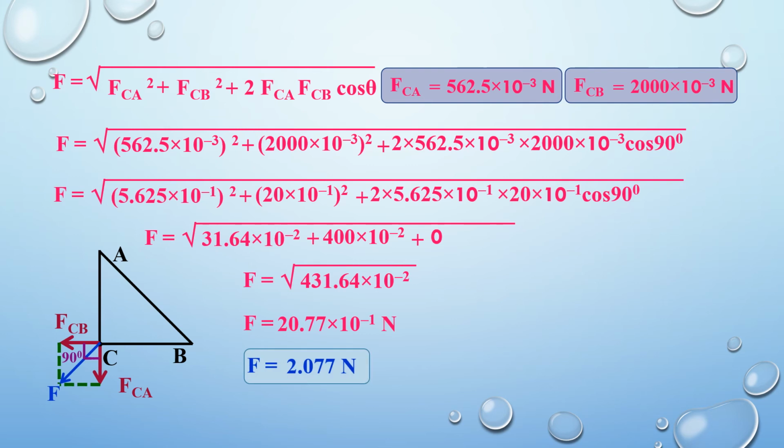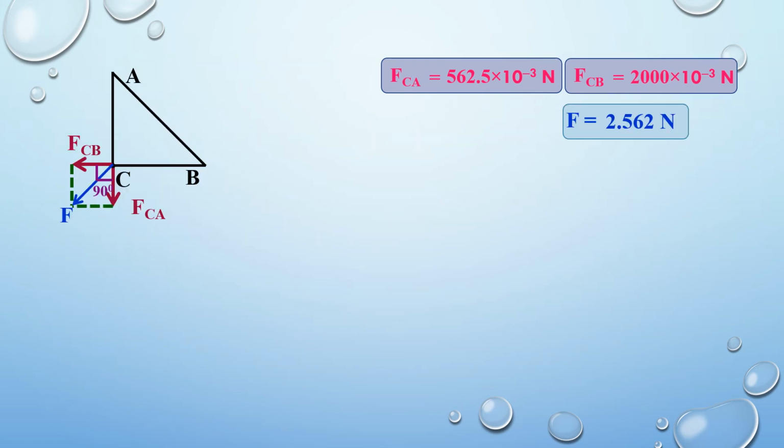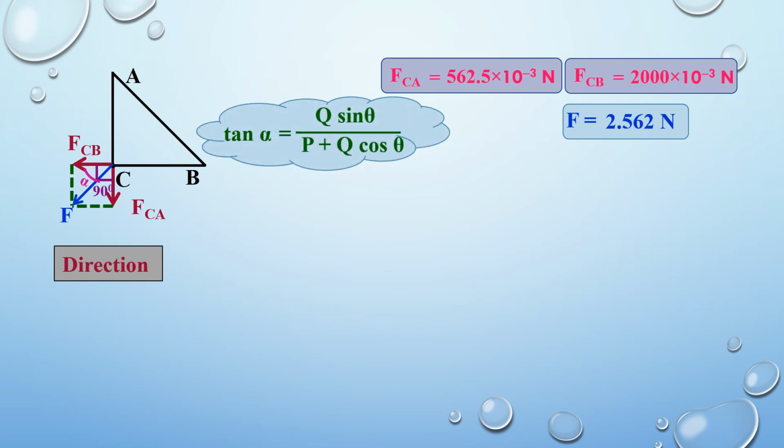I will now have to find the direction of this resultant force. To find the direction, let us take the angle between one of the components, that is FCB, and the resultant force to be equal to alpha, where tan of alpha is given as q sin theta upon p plus q cos theta, where FCB acts as vector p and FCA acts as vector q.